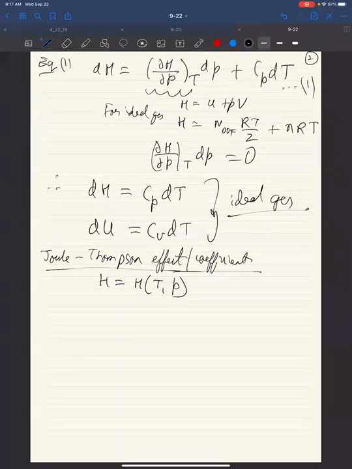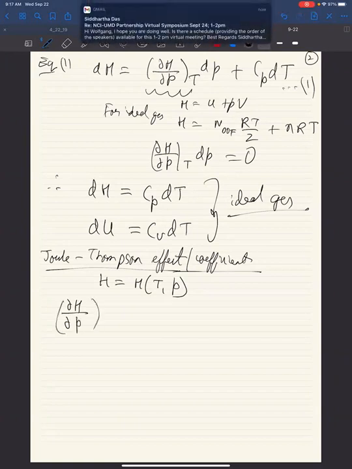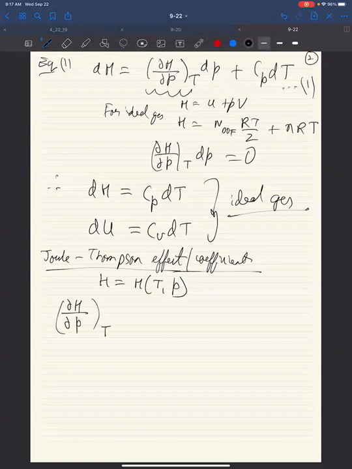If H is equal to H of T and P, then partial H by partial pressure at constant T is equal to minus partial H by partial temperature at constant P, times partial temperature by partial pressure at constant H. Isn't that beautiful?